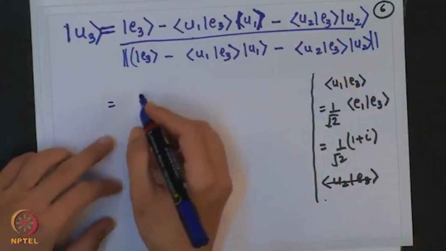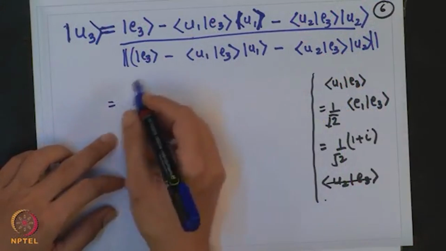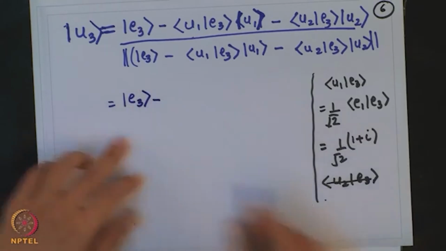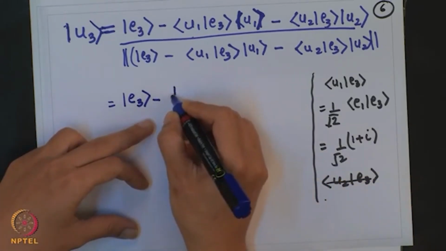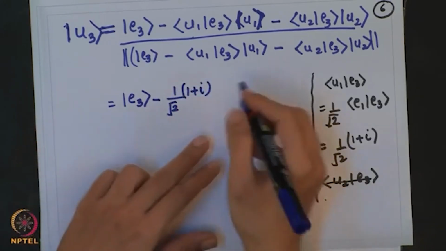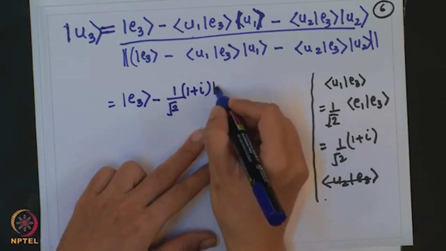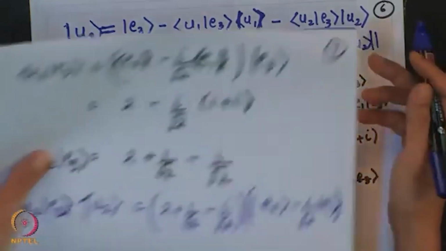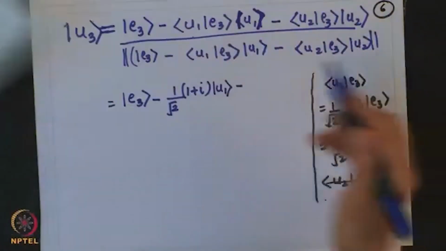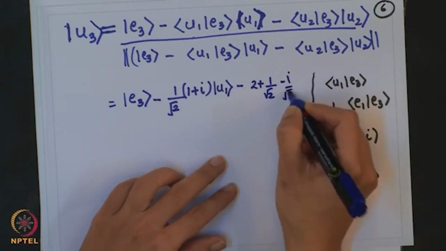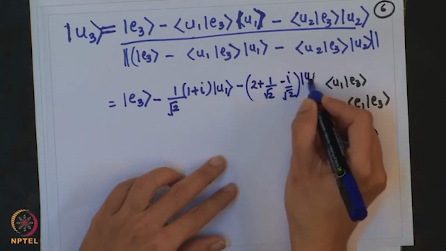So, now let me come back here. So, here what we did was E3 on U1. So, this gave us 1 by root 2 1 plus I, okay, and on U1 minus U2 E3, this is the expression I have, 2 plus 1 by root 2 minus I by root 2 times U2.